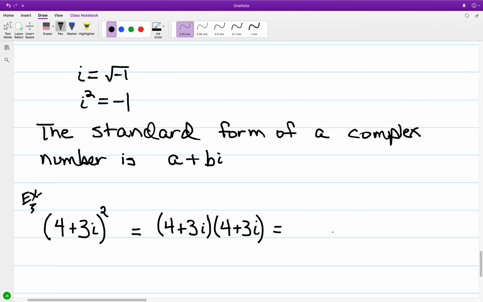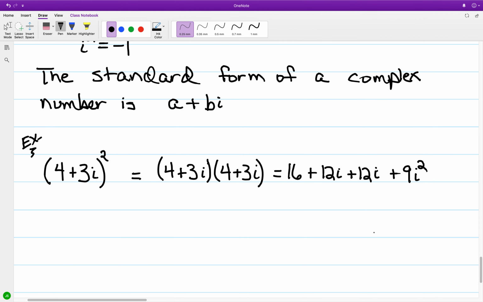Applying the FOIL method, 4 times 4 is 16. The outside product is 4 times 3i, which is 12i. The inside product is 3i times 4, which is 12i. And 3i times 3i is 9i squared.